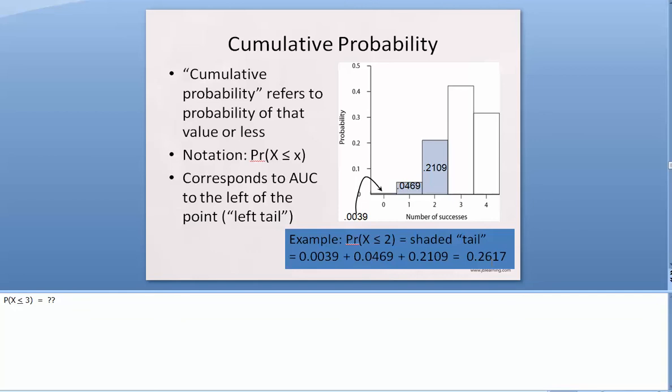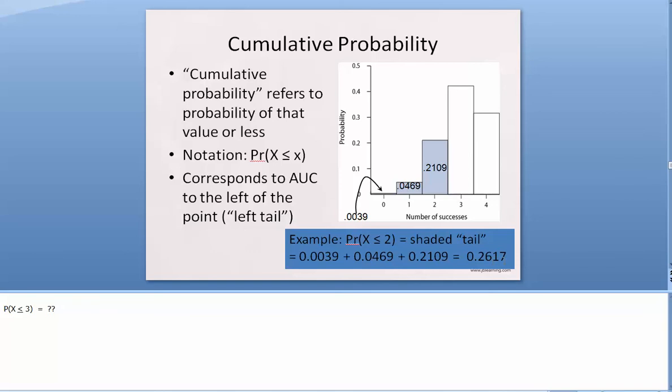Now this is the cumulative probability of 2. Cumulative probability typically has the notation CDF. Let's wait for that later. For the notation, cumulative probability means you add from the starting values up to that point. Likewise, for the probability x less than or equal to 3, you can figure it out.